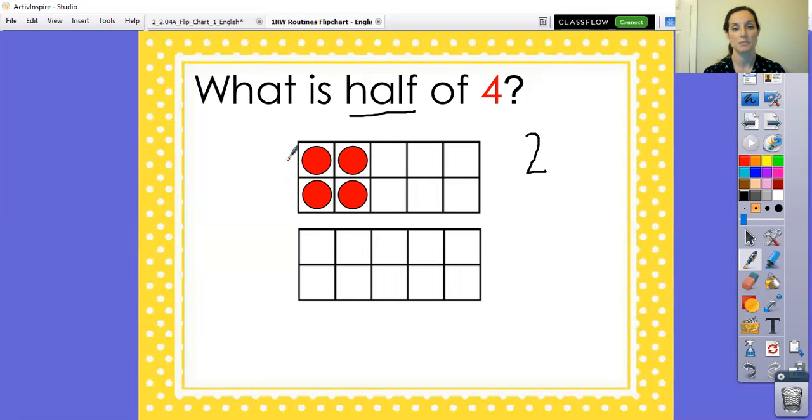This is our first set, 1, 2, and our second set, 1, 2. So we would take away the second set. Hopefully that warmed up your brain. Now you are going to need your math notebook, your pencil, and your math tools to get ready to learn about our two strategies.